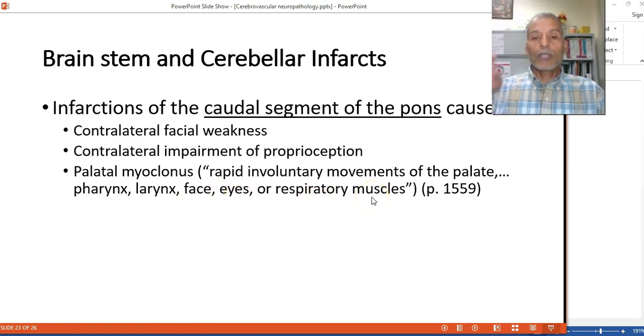These muscles move involuntarily, like twitching, and the person will produce certain voices and clicking sounds with the larynx and the pharynx and the palate.